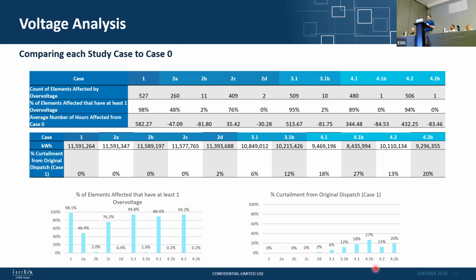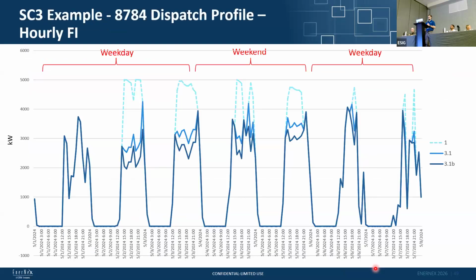So how does this look when it's being applied? This data is from one month, March, sorry, May, from the simulation, showing weekdays, weekends, and this is the hourly dispatch. The light blue line, I don't know if it's hard to see up there, is the original. It's the base case.